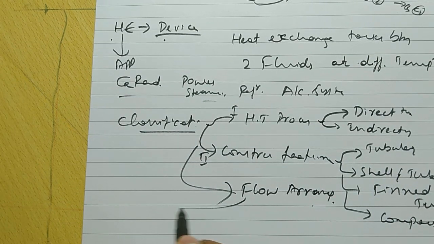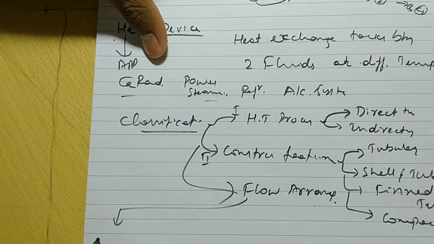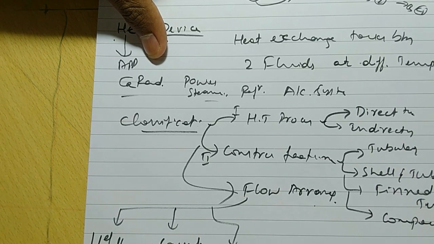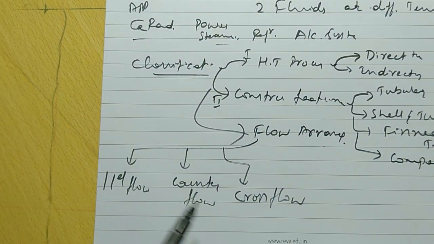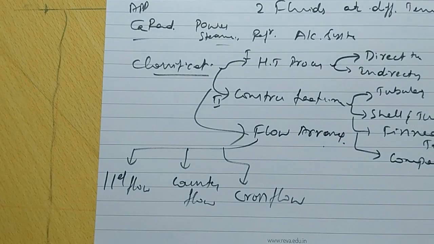In the flow arrangement there are three types: parallel flow, counter flow, and cross flow.